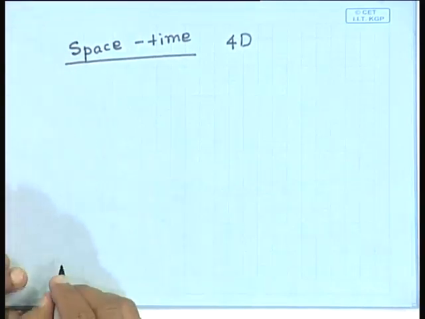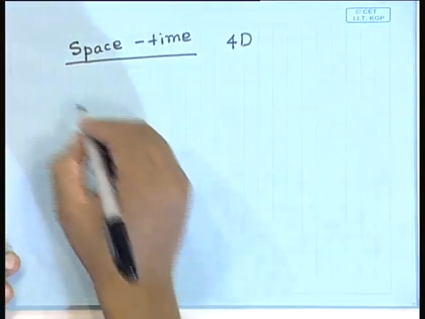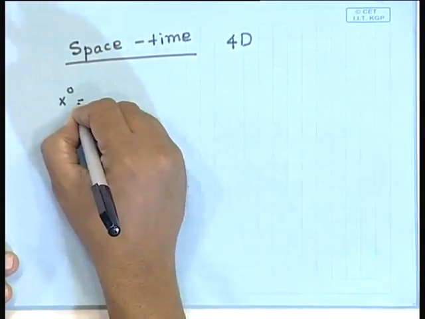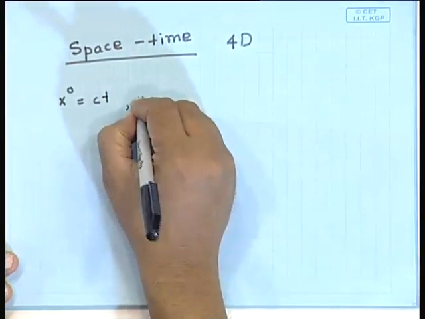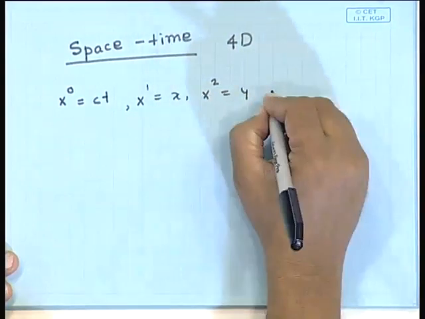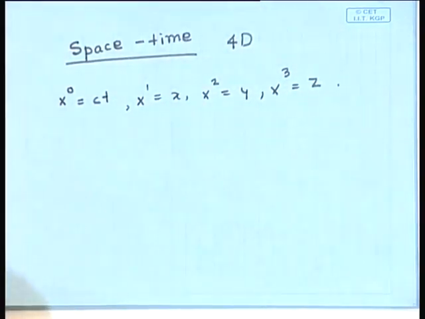So we can label points in the space-time using 4 coordinates. The first coordinate is going to be x0, which is c into time. Then we have x1, which is x, x2, which is y, and x3, which is z. Okay, so we are introducing the concept of space-time. So we are taking a kind of unified picture where we talk of space and time on the same footing, or nearly the same footing, and we refer to it as space-time.